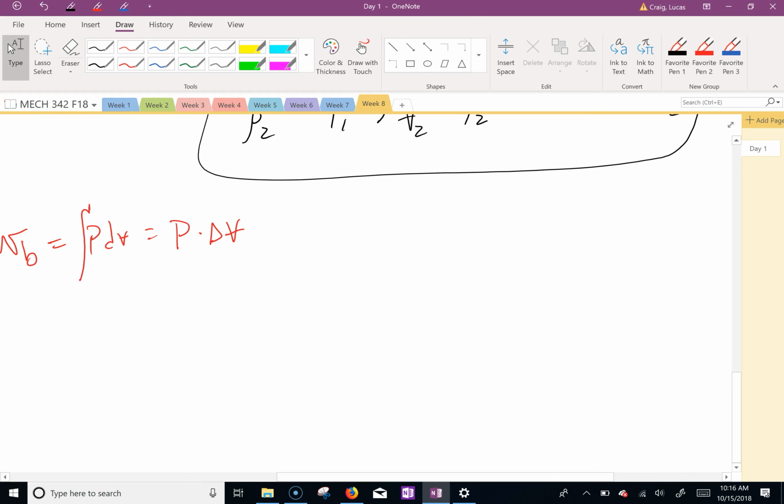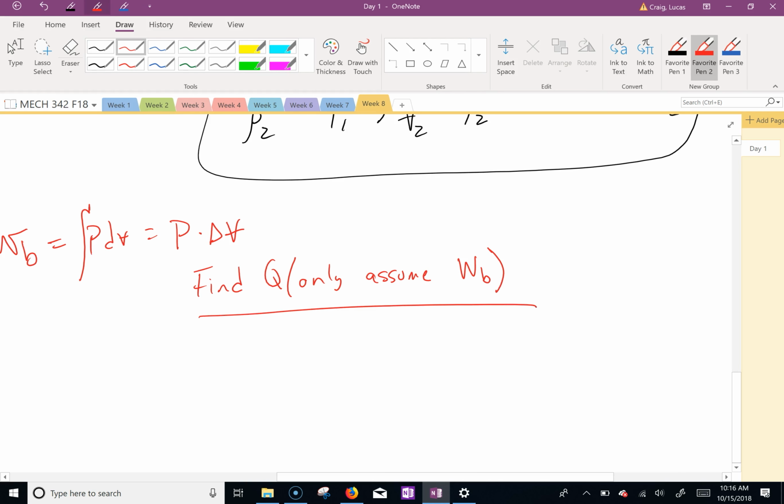All right. And say we want to find Q and only assume there's boundary work. So this case is only valid if there's boundary work. So delta U equals Q plus W. That's our first law.